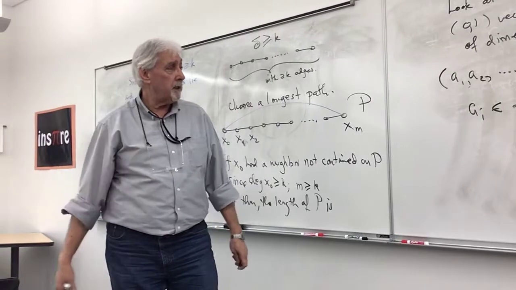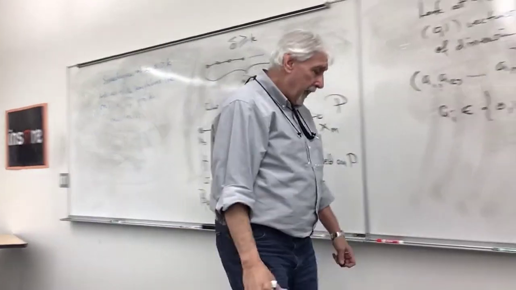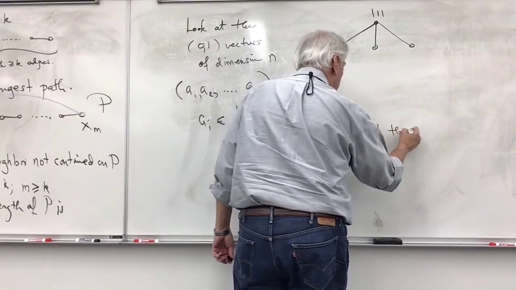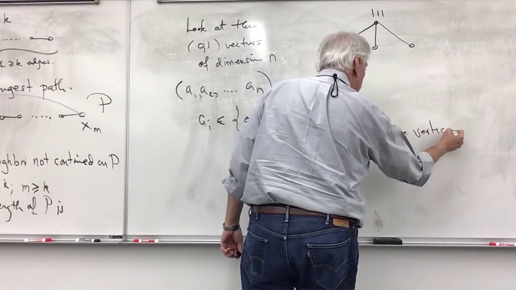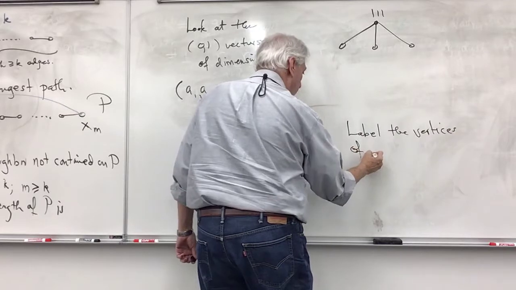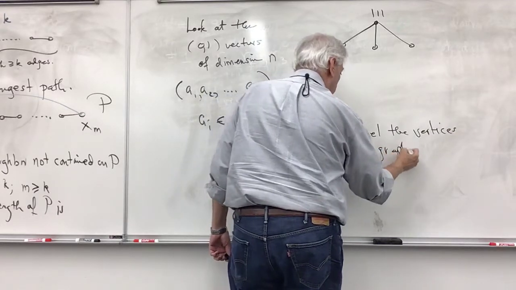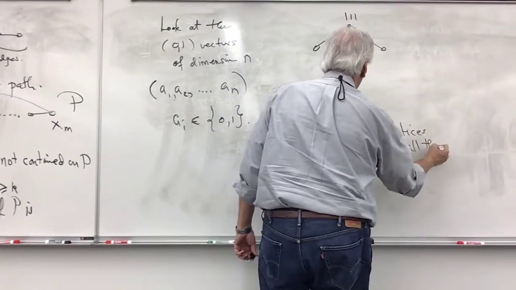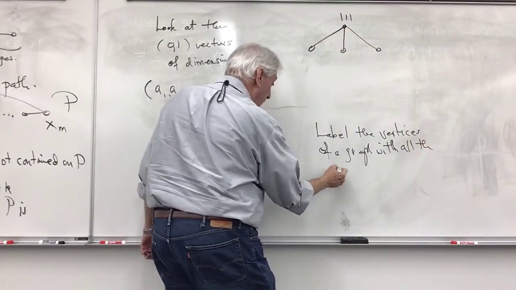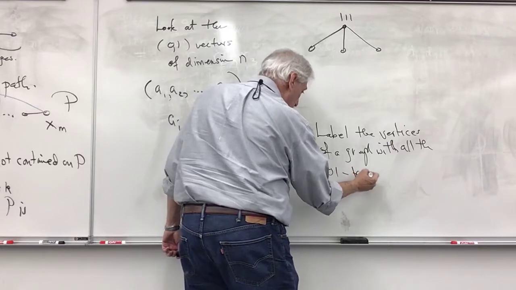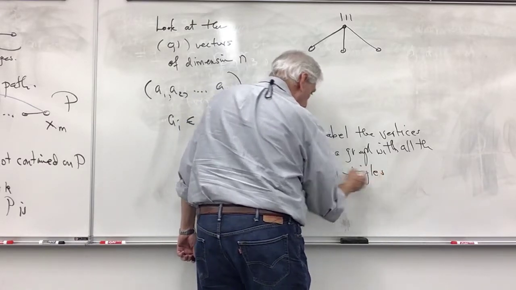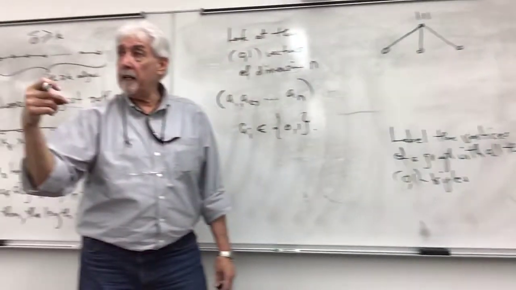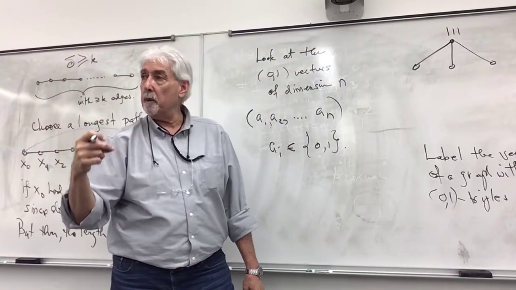I'm suppressing the commas, and I'm going to label the vertices of a graph with all the 0, 1 triples, in this case triples, but I'm going to change that in a minute to 0, 1 n-tuples.